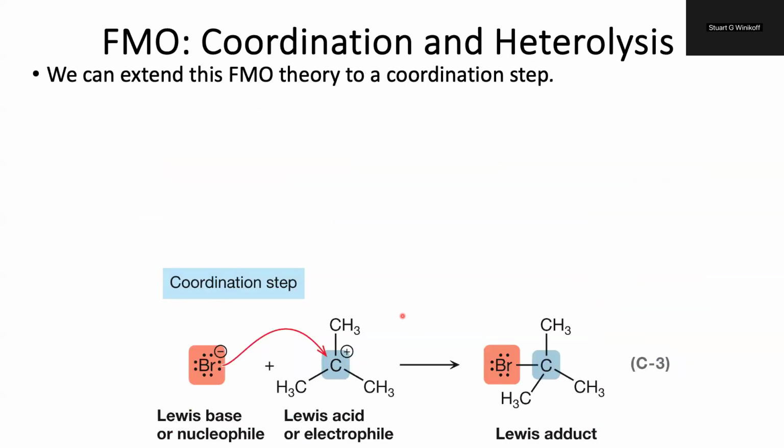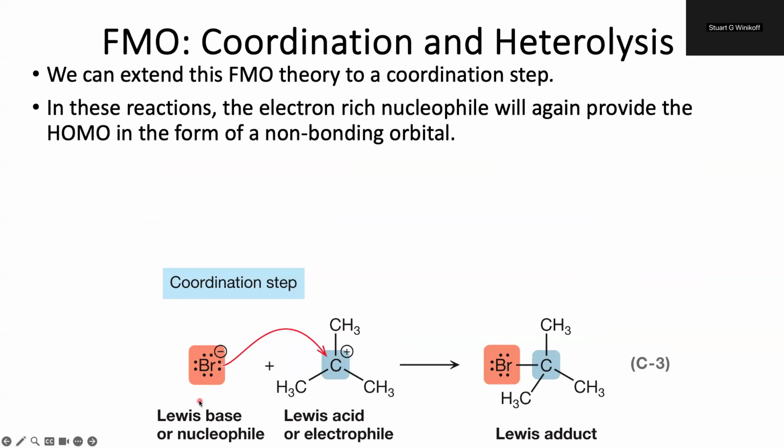Now, we can also extend this to other elementary steps. So the next major one we dealt with was the coordination step. So again, in this case, my nucleophile is a Lewis base, and my electrophile is a Lewis acid. So again, just as always, that electron-rich species is providing the HOMO. Again, this time, it's that non-bonding orbital, so nothing's changed too much. Biggest difference, again, is on the electrophile.